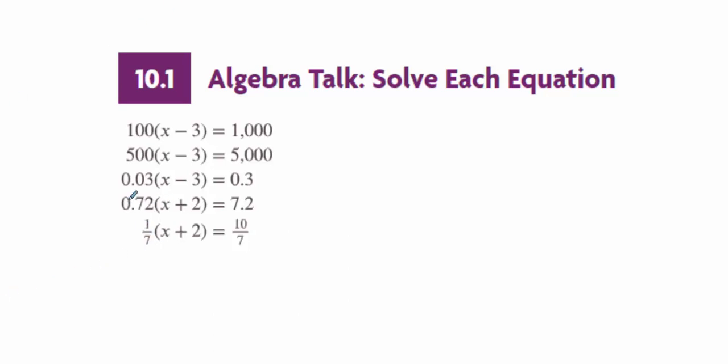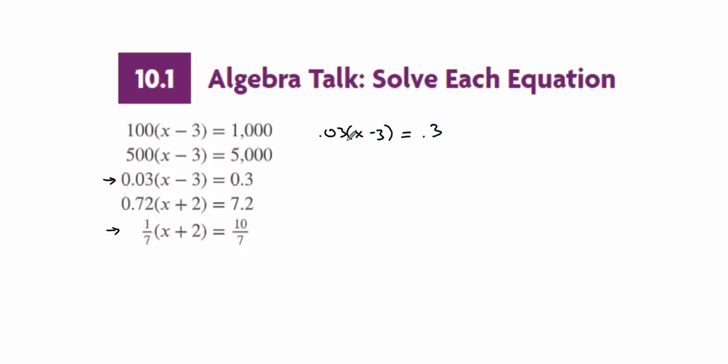So I'm not going to do every one, but I want to look at this one next, and then this one. So let's look at this one here. 0.03 times the quantity x minus 3 is equal to 0.3.